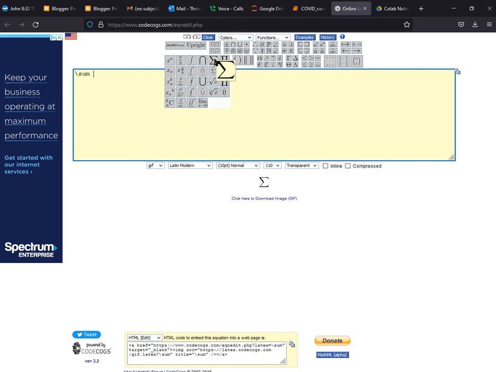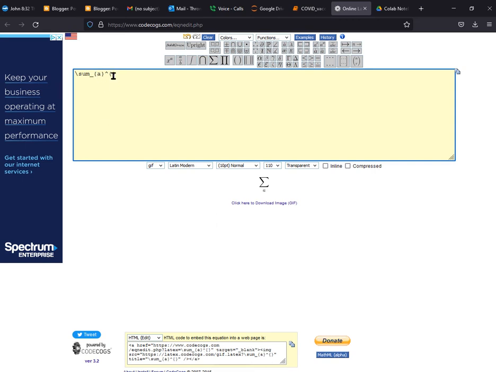So I erase this. And then here I want to put something below, let's say A, and then here I put a B. And you'll see that the formula appears down here. All right, so you can build your equation this way. You just select this and paste it into your markdown cell in your notebook.